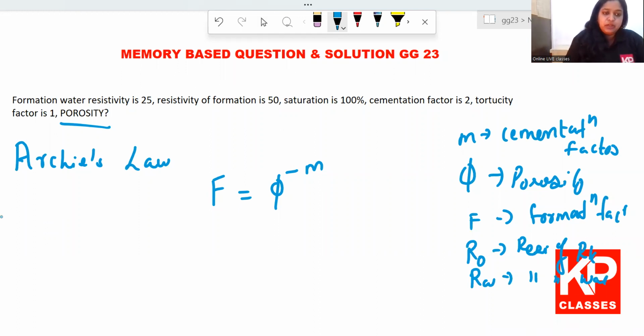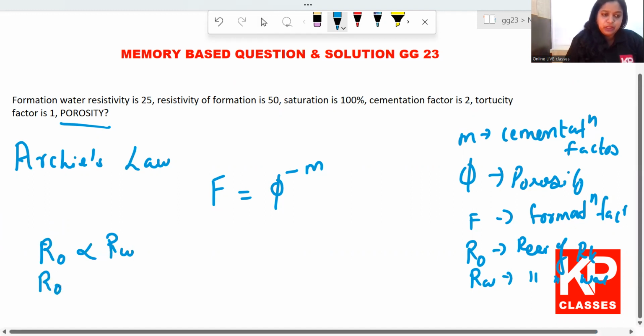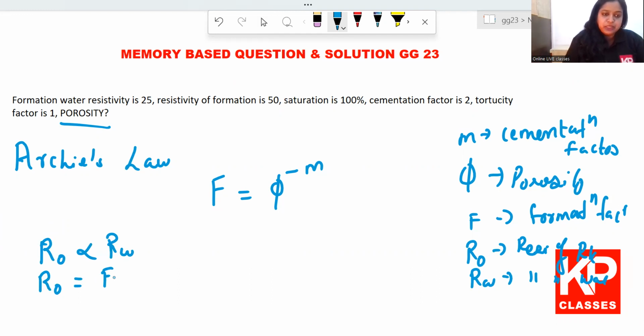Both of them are directly proportional to each other. That is, RO is directly proportional to RW, and he came up with the equation RO is equal to the formation factor F, which defines the effect of the rock matrix, into RW.